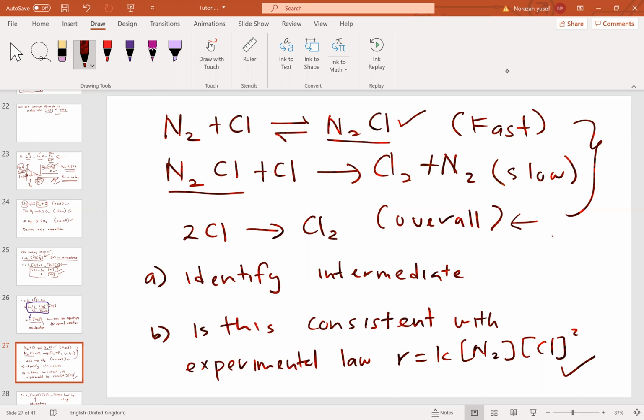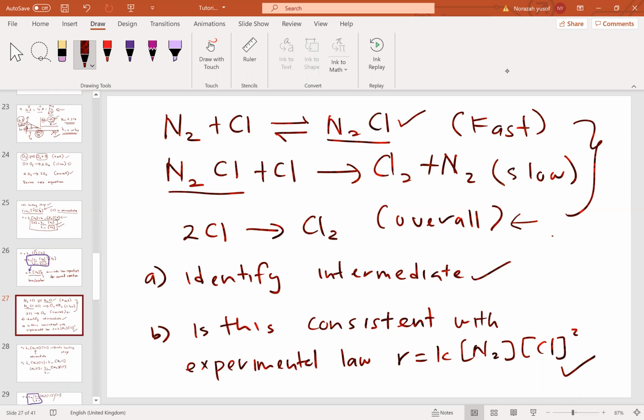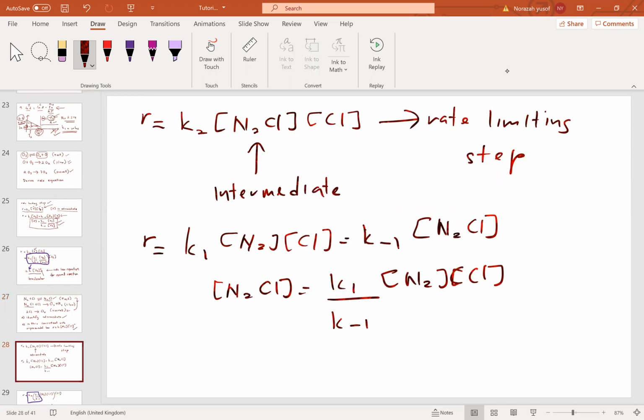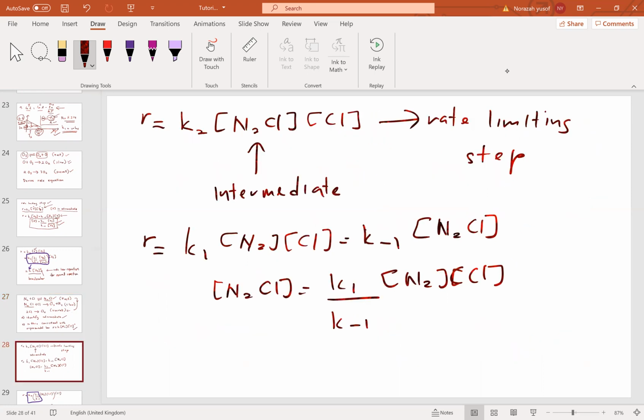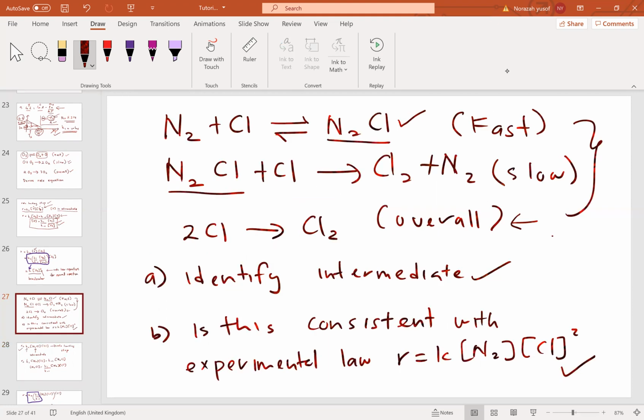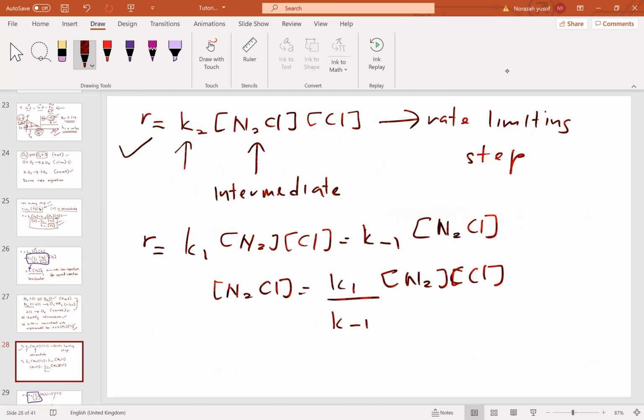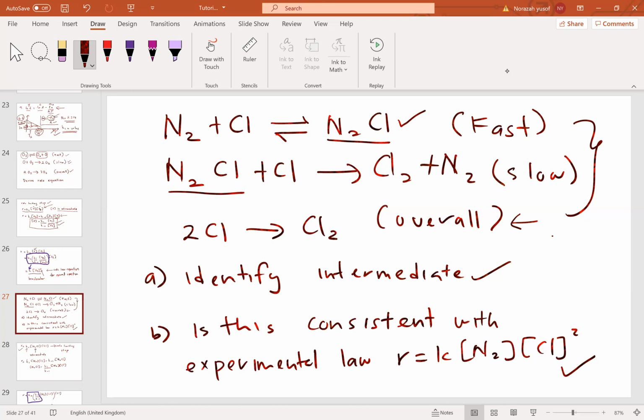So how do we solve part B? Again, the same steps. We have to focus on the slowest reaction and write the rate equation. For the slowest reaction, let us put K2 as the rate constant. Then the rate is K2 times the concentration of N2Cl times the concentration of Cl.